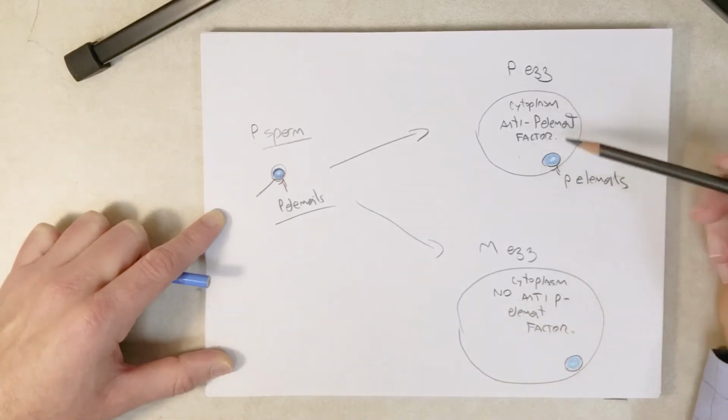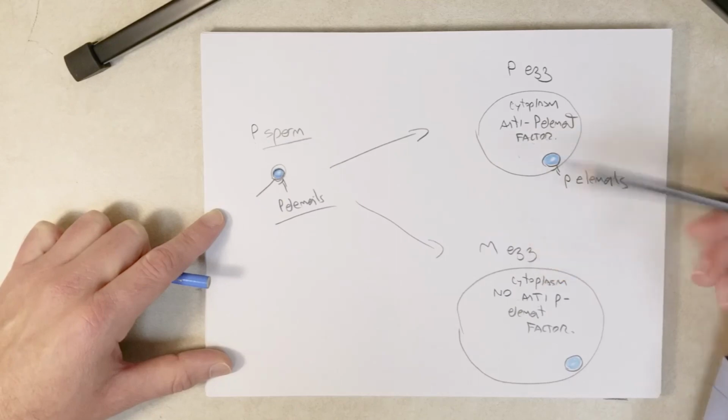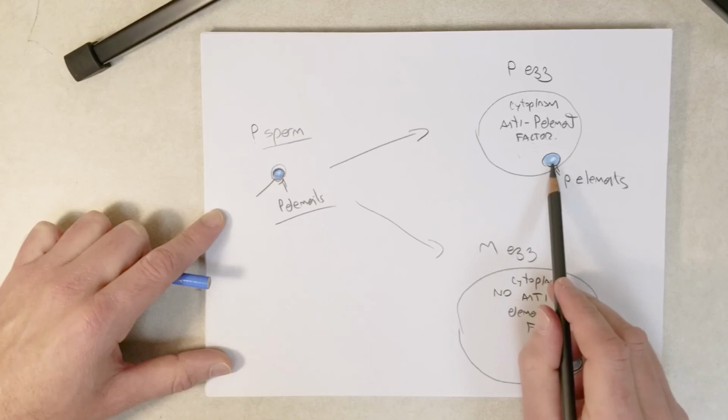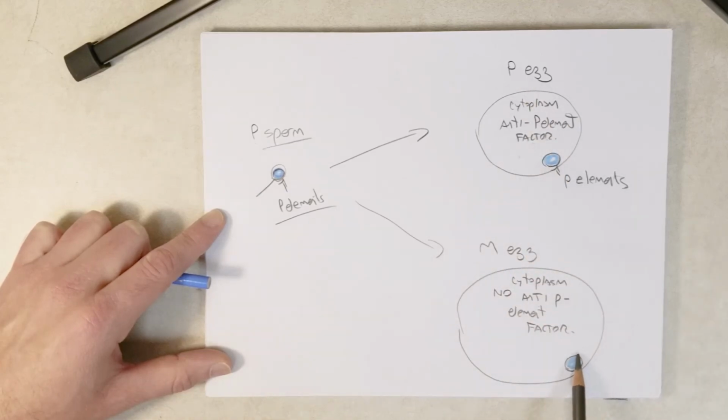Now, why do the P eggs have the anti-P element factor, but not the M eggs? Well, because the nuclei of the P eggs have P elements. The nuclei of the M eggs do not have P elements, so there's no anti-P element factor in here.